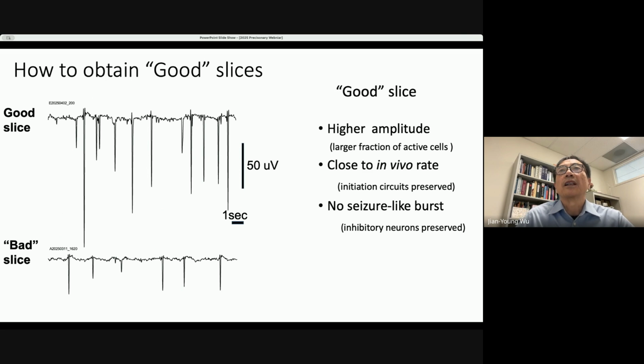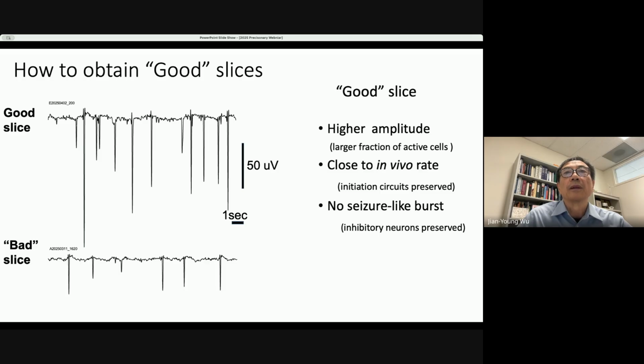Of course, if a larger fraction of pyramidal cells is involved, a larger fraction of inhibitory neurons has to be involved too. A higher rate means the generating circuits in CA3 are preserved. A lower rate means either you cut too large a fraction of Schaffer collateral fibers, or the circuits generating sharp waves are not well balanced. Also, good slices mean no seizure-like bursts. Later, I will show an example of a seizure-like burst.